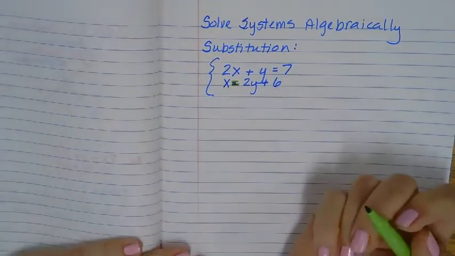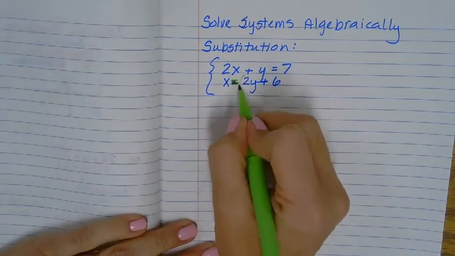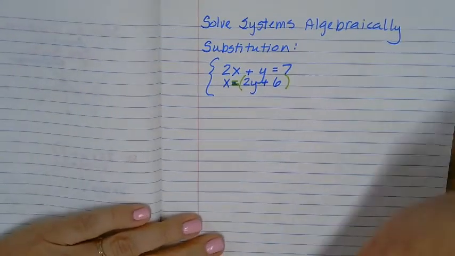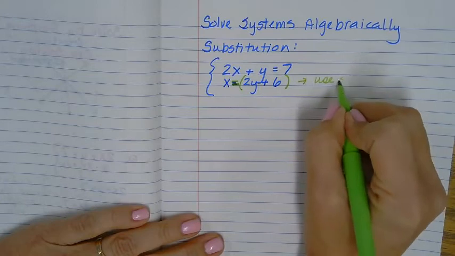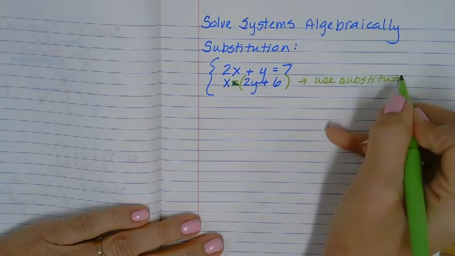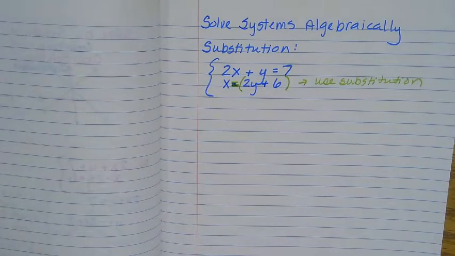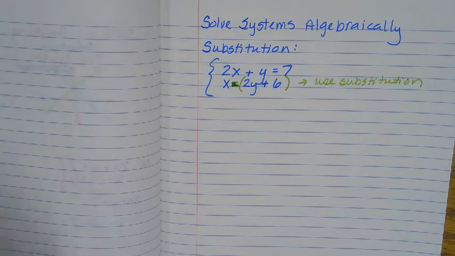And whenever you have one of your equations that's either x equals or y equals, that's the indication that it's a good choice for substitution. So what we're going to do is take this second equation and plug it into the first equation.